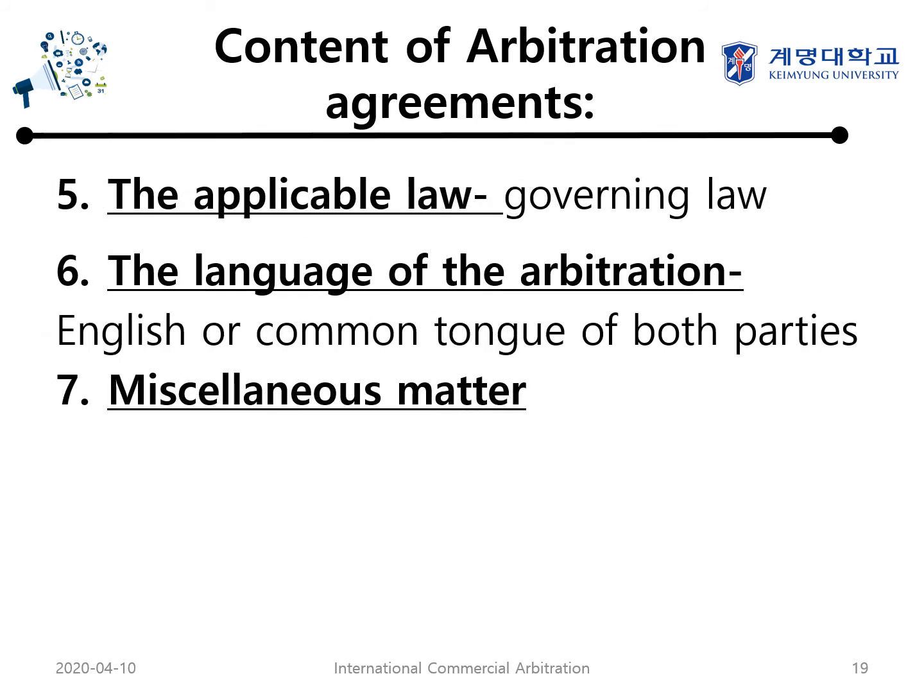Next is the applicable law. This is about which law should be followed to establish the materials of the dispute. The award is built on the foundations of facts, making its decision fair and reasonable, and the applicable law will guide the arbitrators' decision making.